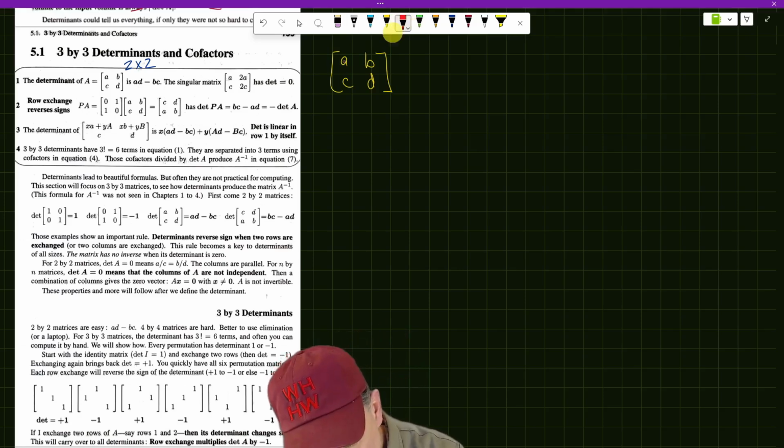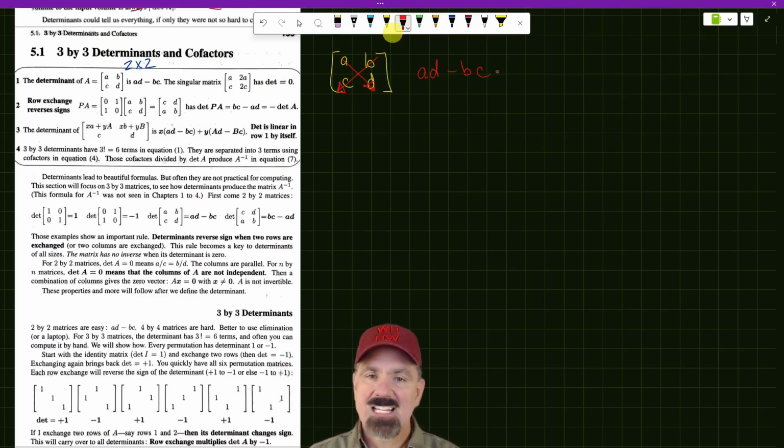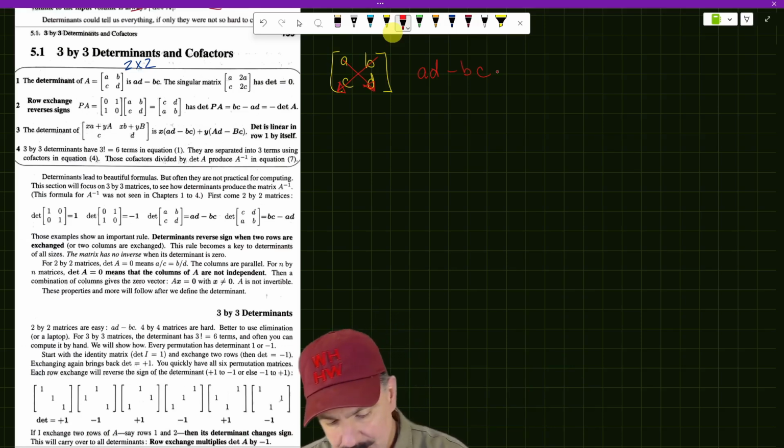So in this situation, we take this product, which is A times D, and then we subtract going this way, minus B times C. And this idea of going from top left to bottom right positive and then going backwards from the top right, bottom left negative is all highlighting some of the important mechanics.